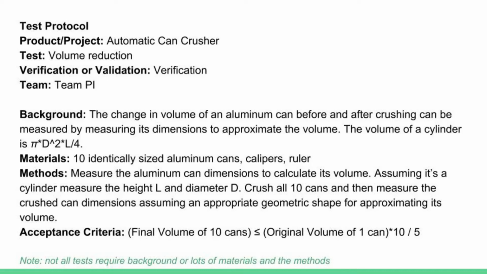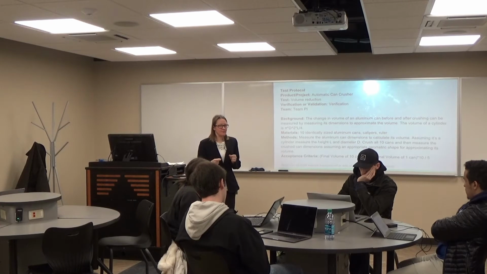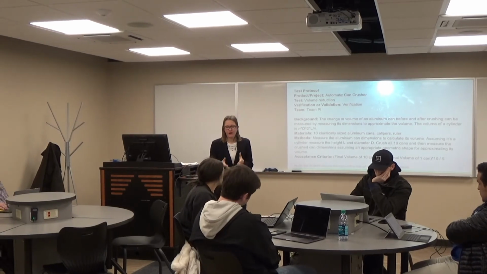And then we'll take our materials. We're going to take 10 cans, and we're going to get calipers and rulers so that we can measure our dimensions. And then we talk about how we're actually going to do it. So we're going to measure the dimensions of one can. We're going to assume it's a cylinder. Then we're going to crush all cans. And then we're going to measure the crushed can dimensions and apply an appropriate geometric shape formula for whatever volume it is.